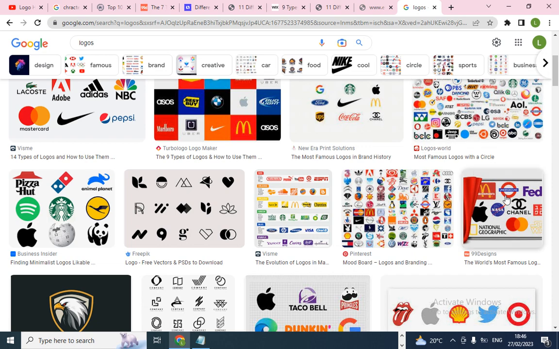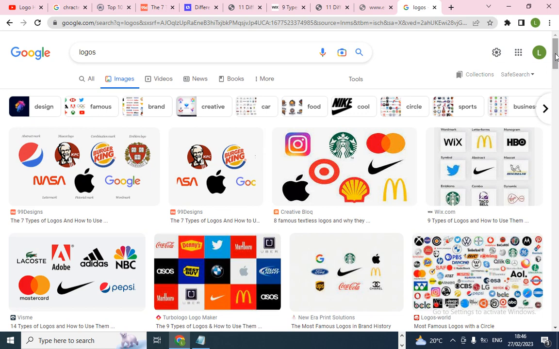Now after seeing these logos, how do we come up with these logos? Why would we call them good logos? So we want to see their characteristics and then the different logo types. So should we start with the characteristics of a good logo, or we start with the types? Let us start with the characteristics of a good logo.